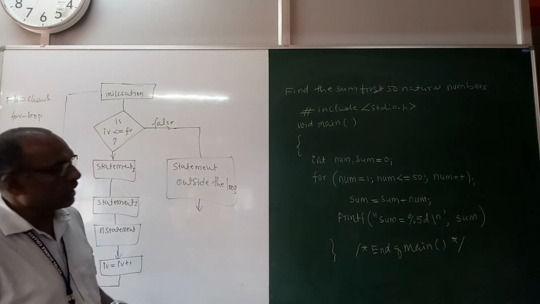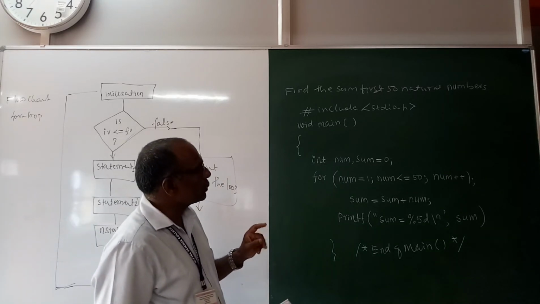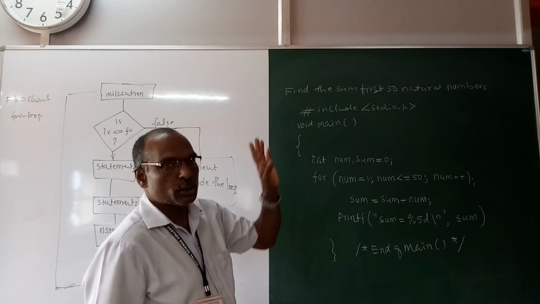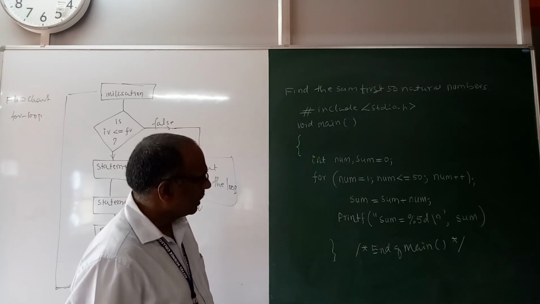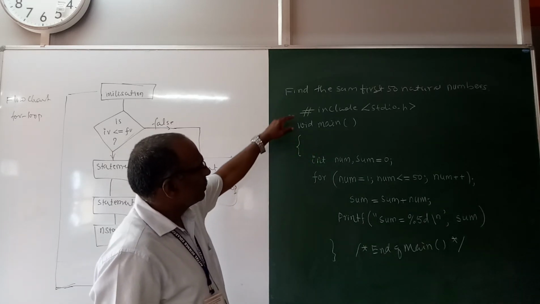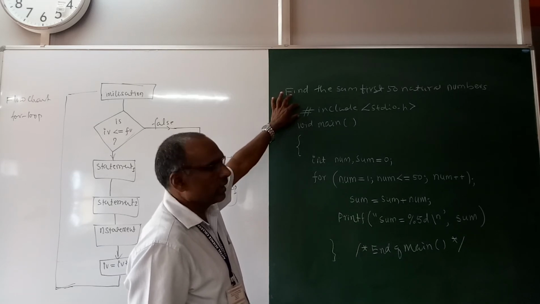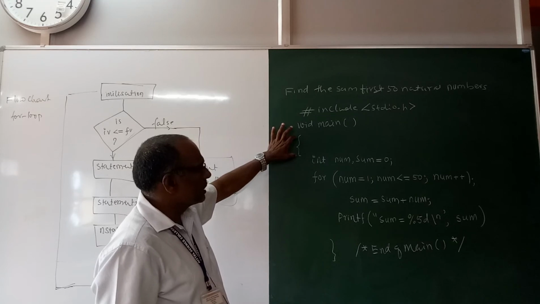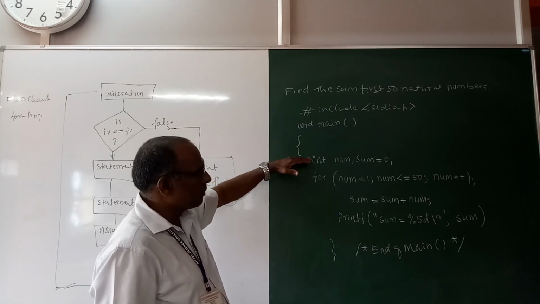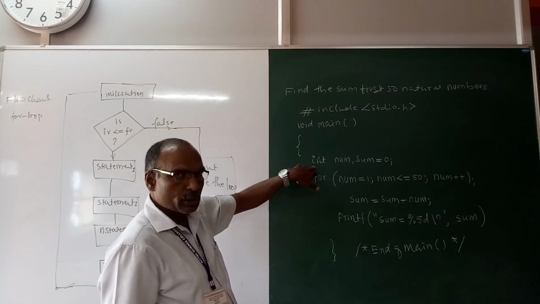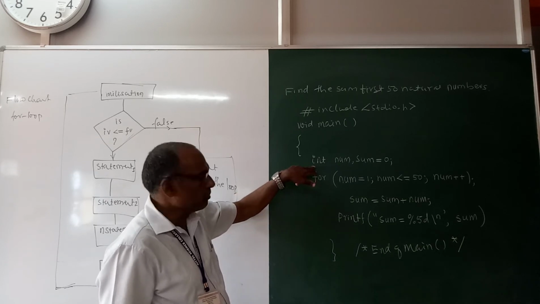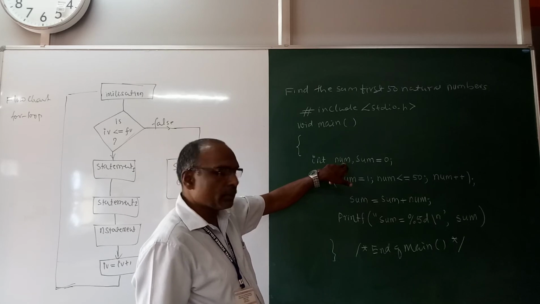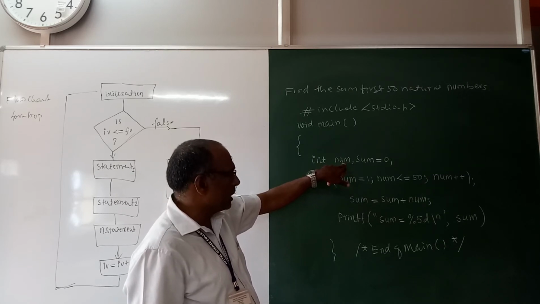Now look at this program. The program is to find the sum of first 50 natural numbers. We have started with the header file, the preprocessor directive. This begins the main function, and we have the declaration part. The variable num is an integer variable.